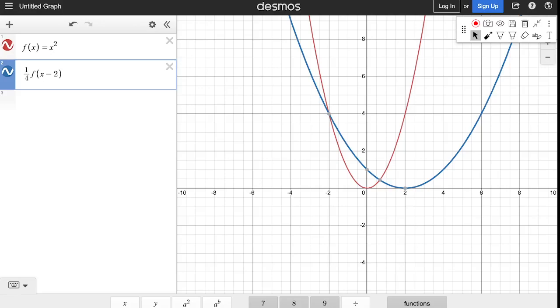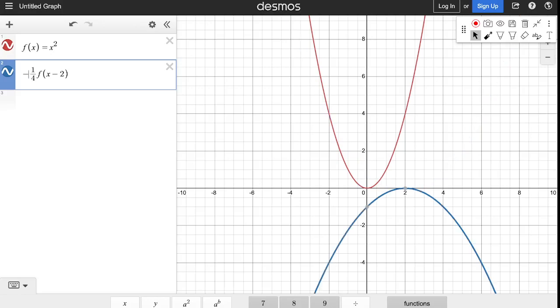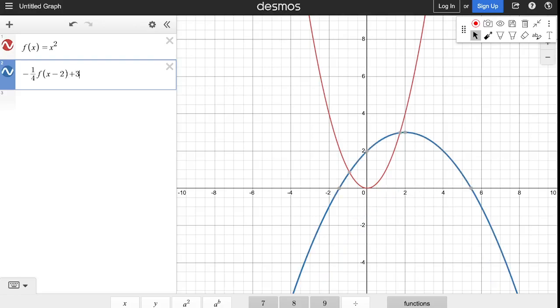And watch when I put this negative out front, it reflects it, and then I'm going to move everything up 3. That's what's going to happen there, thinking of that order of operations. Now, if I moved it up 3 and then reflected, would that look the same?